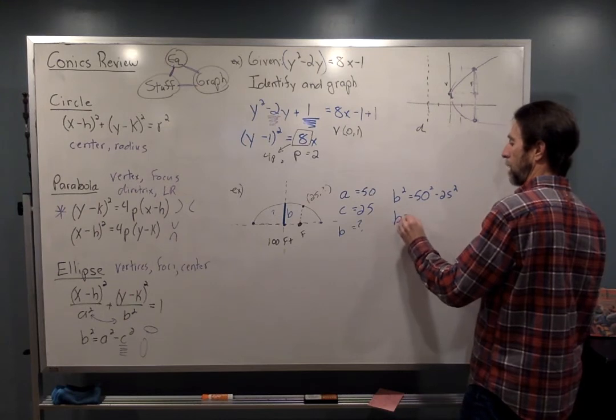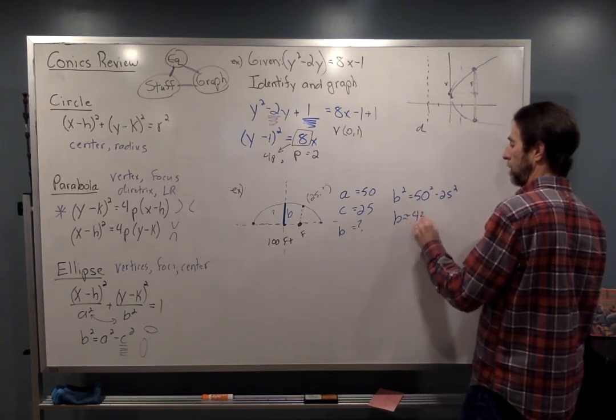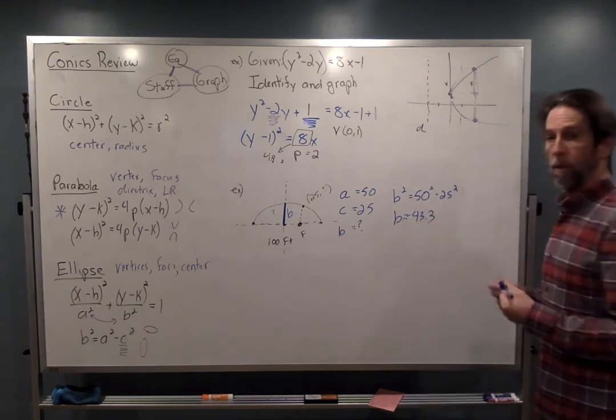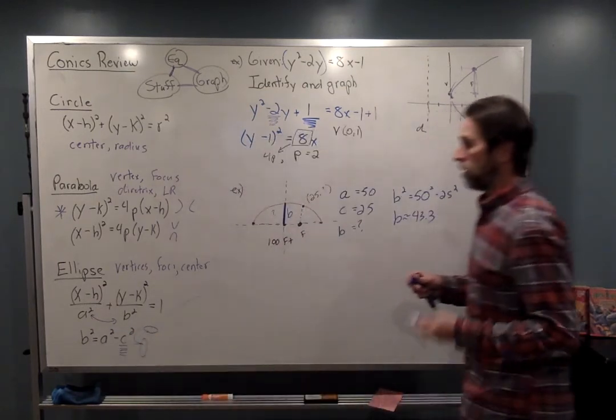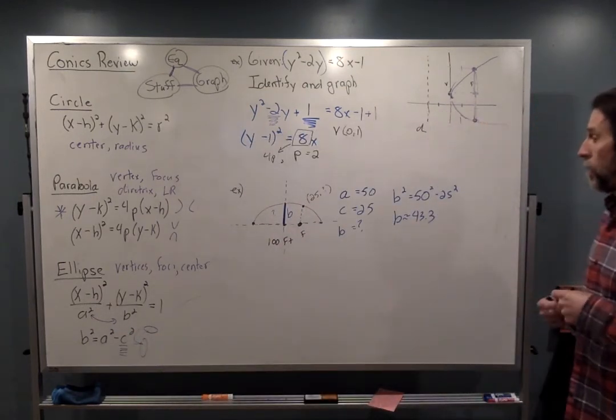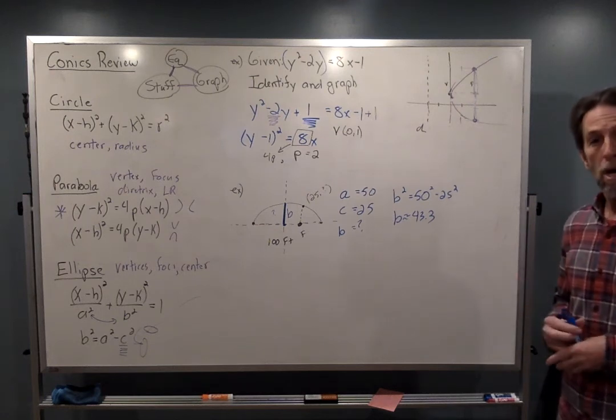And B is approximately 43.3. A calculator would help you out with that. That's using this relationship between A, B, and C, so we really don't have to write a full equation.